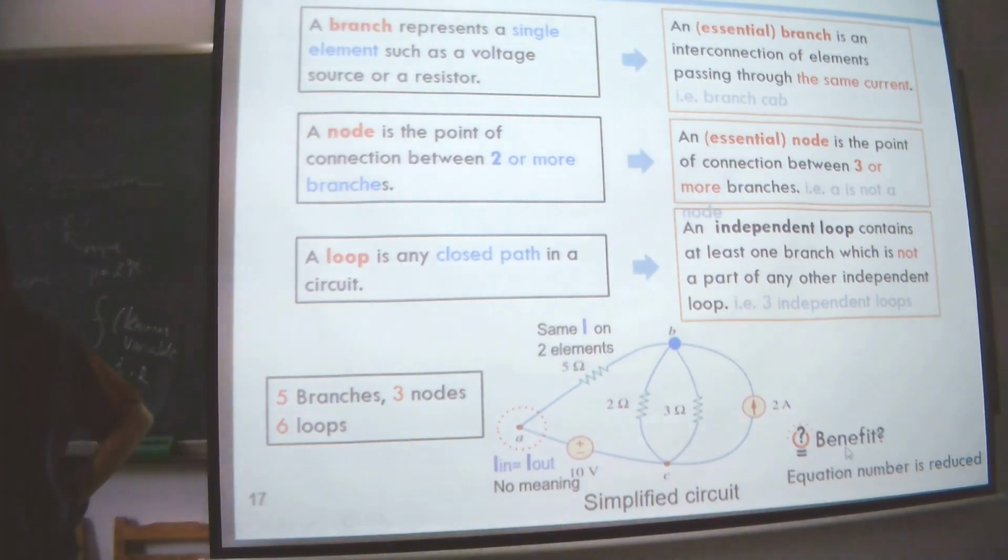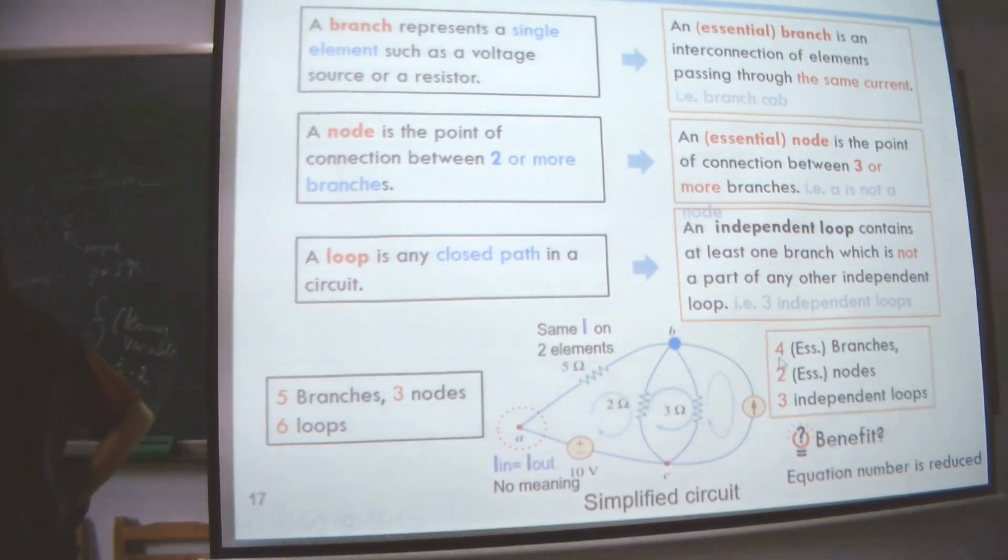If we use this definition. But for this one, we have 4 branches, 2 nodes, and 3 independent loops. We can see the number of branches is less, the number of nodes is less as well, and the number of independent loops is reduced as well.